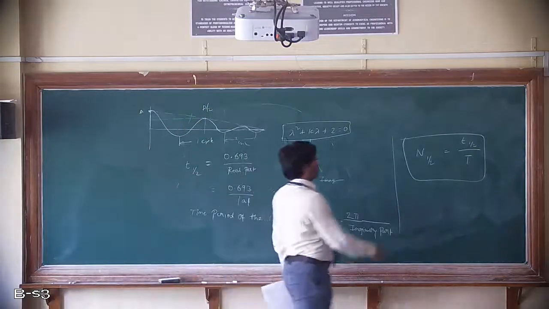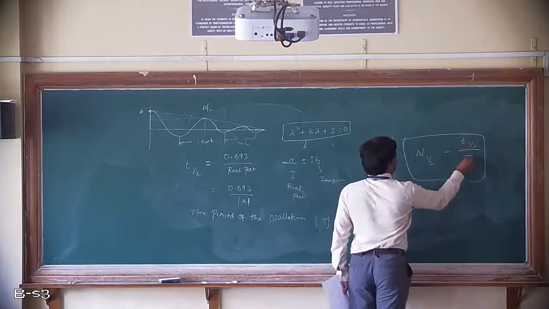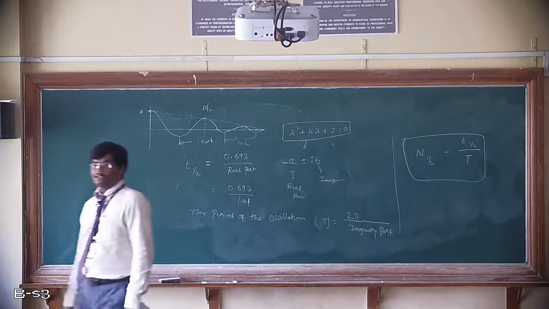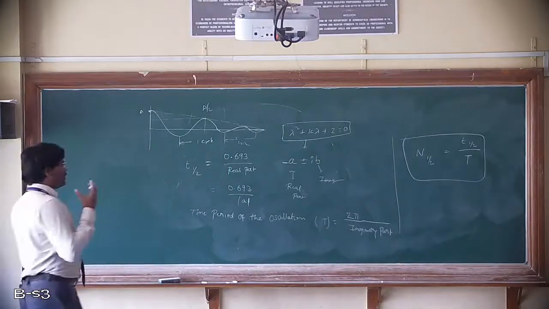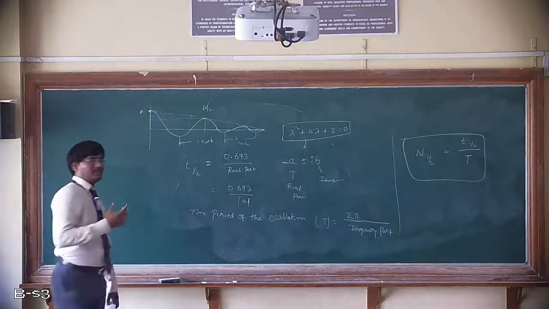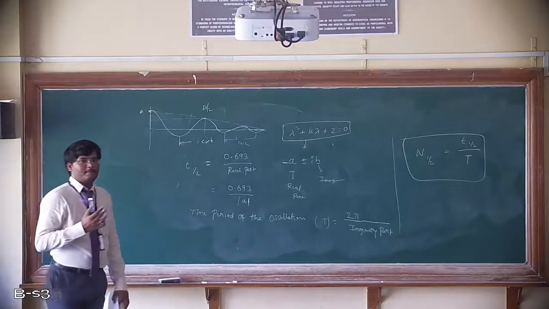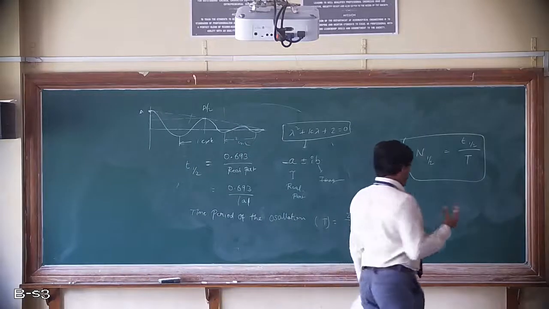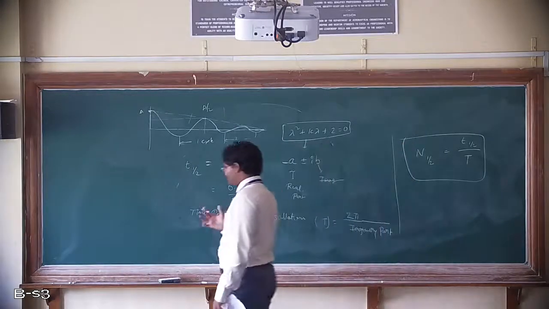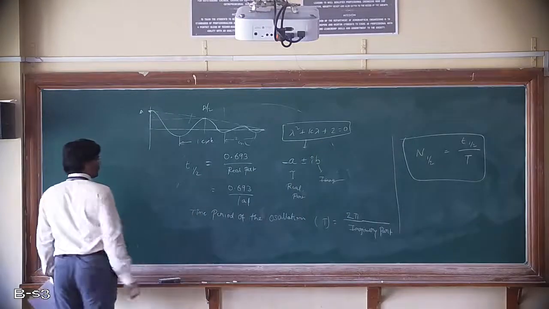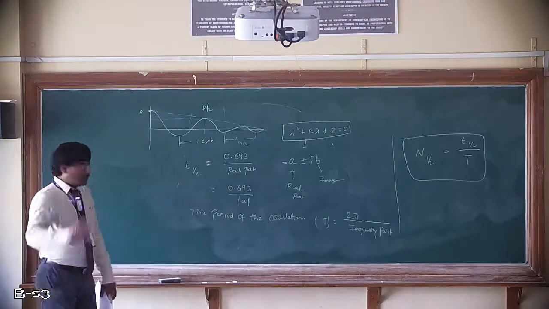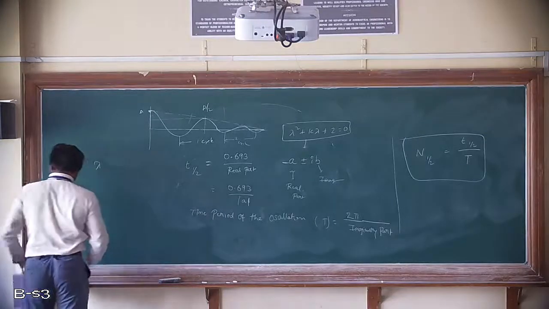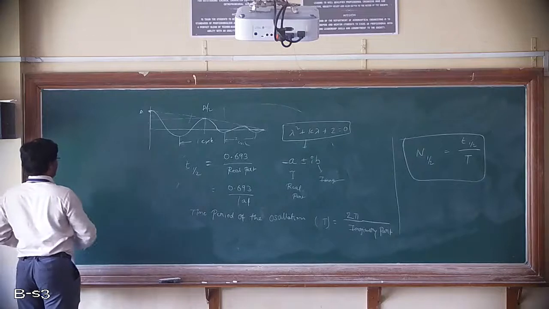Here the amplitude is a, here it is a by 2. From here to here, how many cycles will it take? That is n half, represented as t half by time period. Very, very simple and important formulas. Are you getting, everyone? Is it clear? Any doubt?